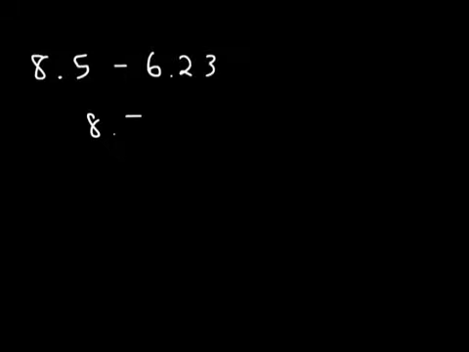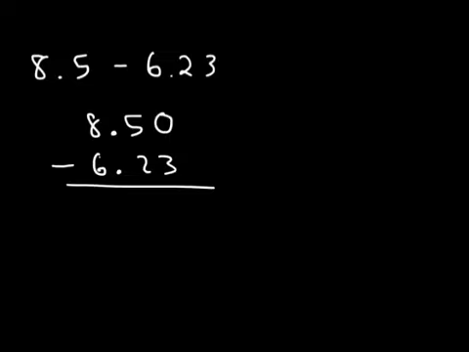So remember, when lining up the two numbers, make sure that the decimal points are lined up correctly. Now, to make it look better, instead of writing 8.5, we can write 8.50. Now, what is 0 minus 3? 0 minus 3 is a negative number, so we're going to have to borrow a 1 from the 5.